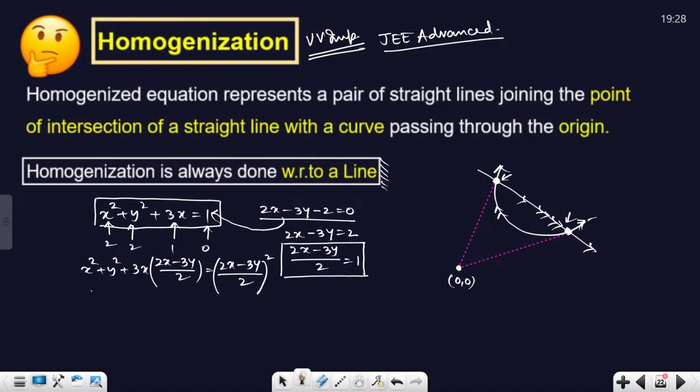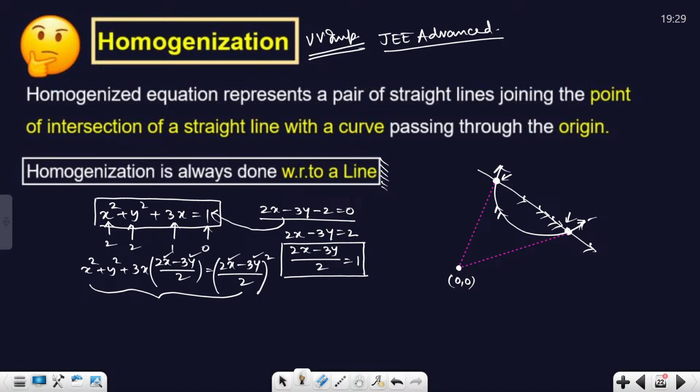Is it clear? Now you observe carefully, this whole equation becomes a homogeneous equation of degree 2. If you multiply this x, you are going to get x square from here, xy from here, x square, y square, and xy from here. So it becomes a homogeneous equation. But what does this homogeneous equation represent? 2 straight lines passing through the origin.